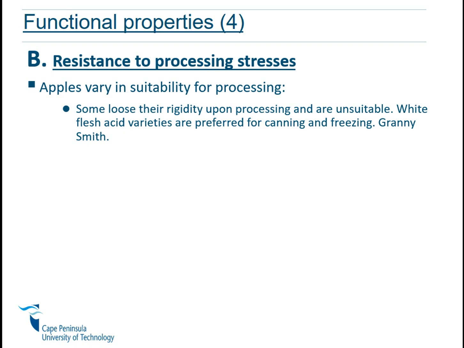And for resistance to processing stress, one of the examples that I can give you is that apples vary in suitability for processing. You find that some apple varieties lose their rigidity upon processing and are unsuitable. White flesh acid varieties are preferred for canning and freezing, things like the Granny Smith apples, right?